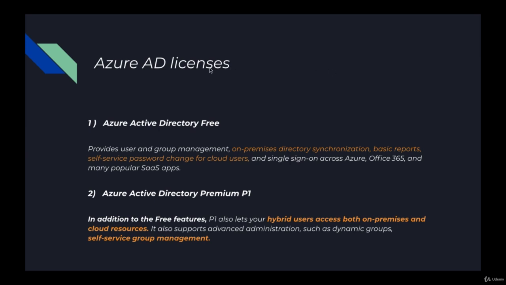Now we'll discuss the different licenses we have in the case of Azure AD. The first one is Azure Active Directory Free. When you create your free trial account, you get Azure Active Directory, wherein you get a couple of features, like basic reports and self-service password change for users which you have created in the cloud, and single sign-on for Azure services, Office 365, and a number of SaaS applications.